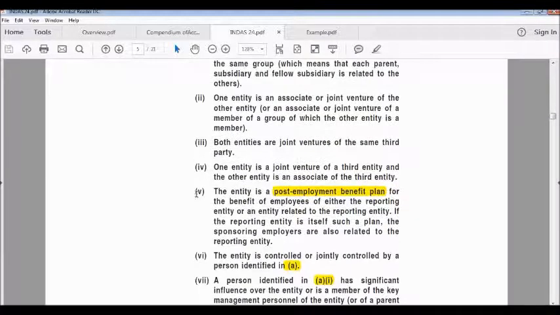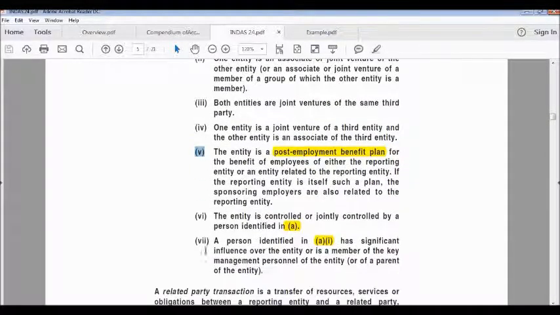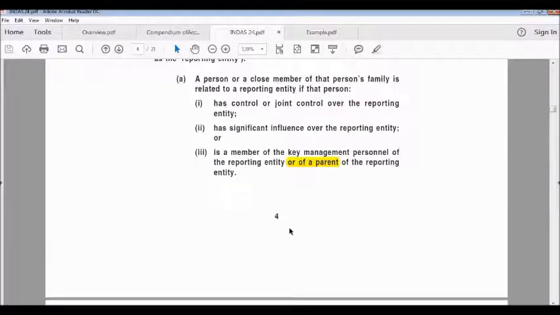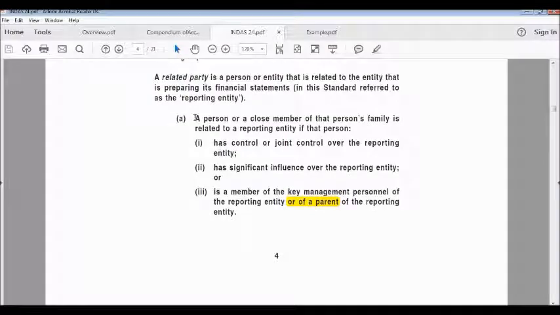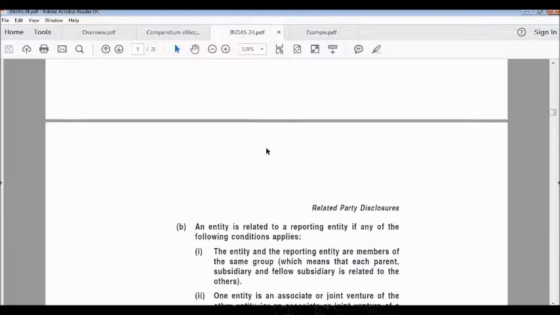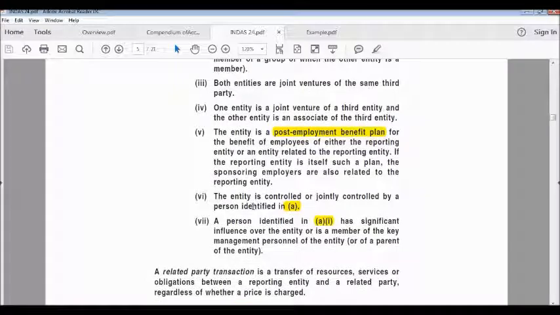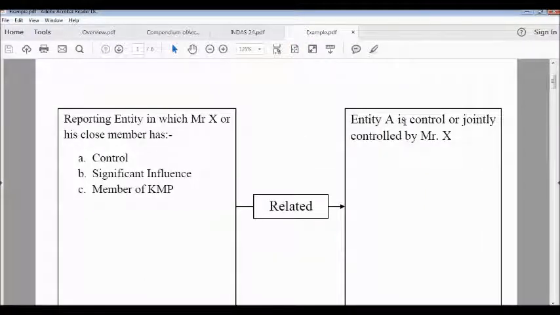Clauses 5, 6 and 7 are regarding the key management personnel. It says the entity is controlled or jointly controlled by a person identified in A. And who is the person identified in A? These persons. Let me explain this by way of example. Entity A is controlled or jointly controlled by Mr. X. And who is Mr. X?